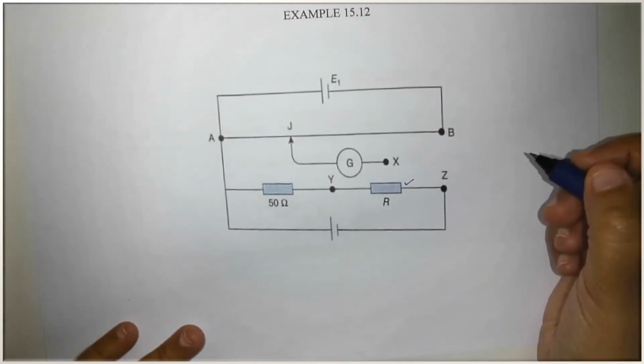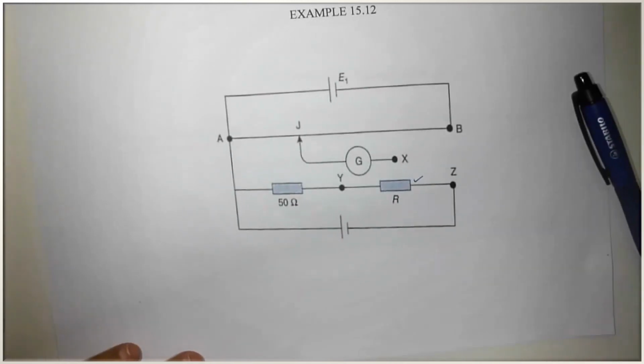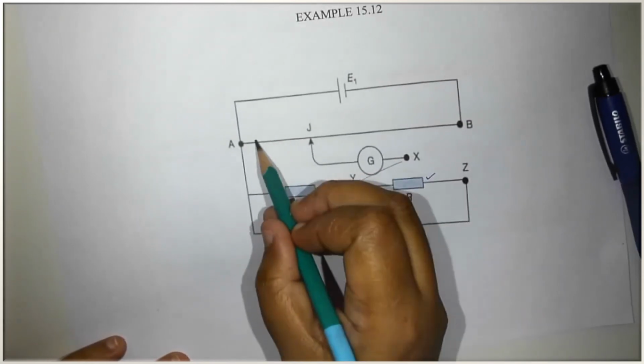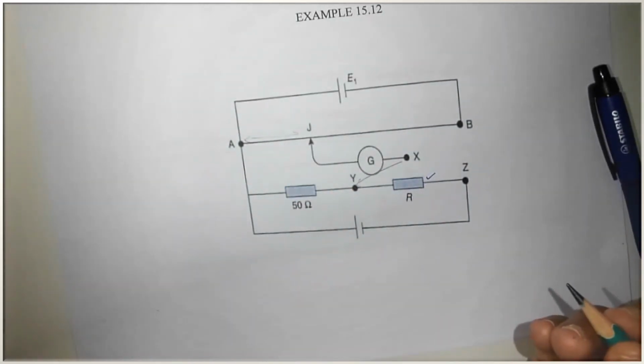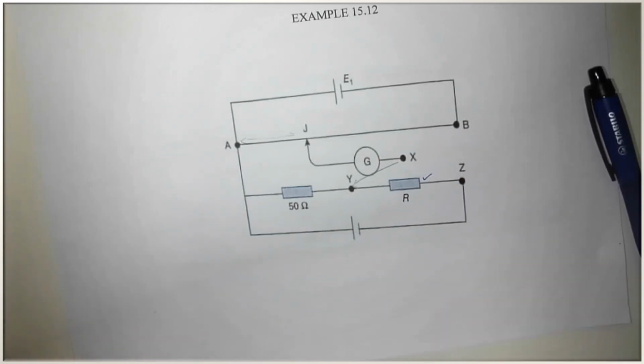The balance length AJ is 36.5 and 58 cm when the terminal X is connected to Y and then to Z. When the terminal is connected to Y, the balance length is 36.5. When it's connected to Z, then the balance length will be 58 cm.